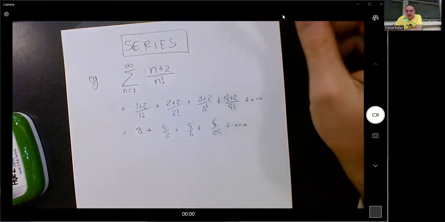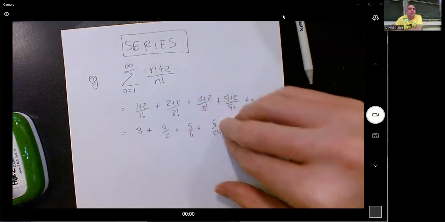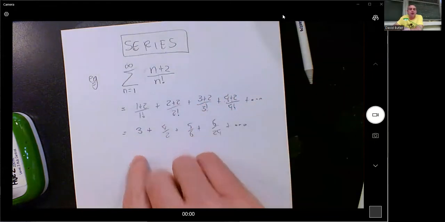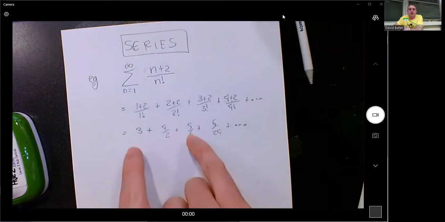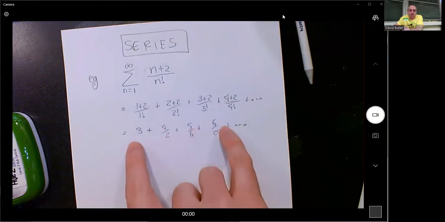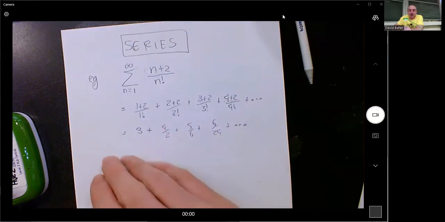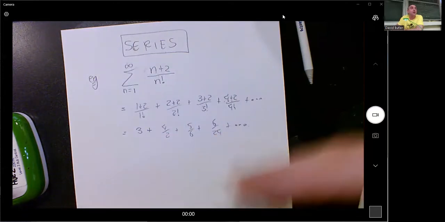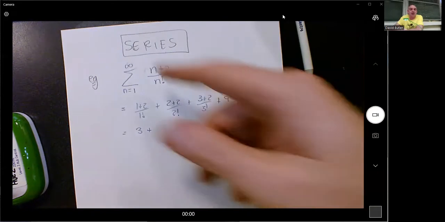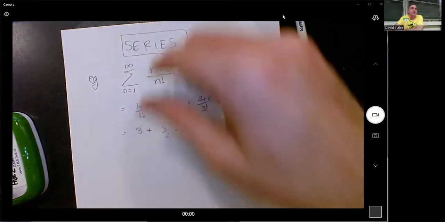What it means is I need to do a running total. So I'll have the running total 3, and then 5, and then 5 and 5/6, and then 5 and some number of 24ths, and so on. I have this running total, and if that running total approaches a particular number, I declare that that is the answer for this series.